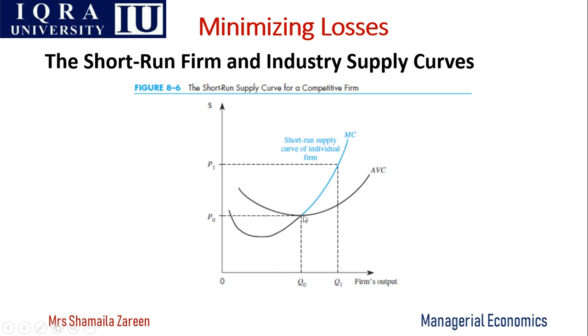So this is the area from here, that is the minimum of average variable cost, the area that lies above the minimum of average variable cost, that is marginal cost, because the marginal cost is showing that as you produce more, you have to face more cost. So this is the phenomenon with the supply curve also, and this marginal cost has been given the name of supply curve also.